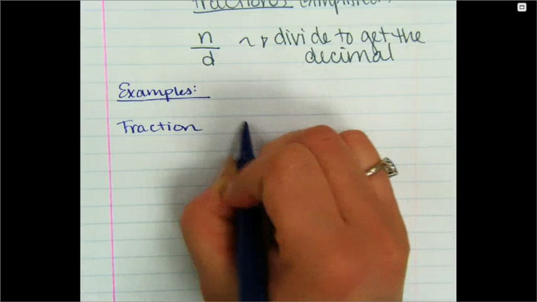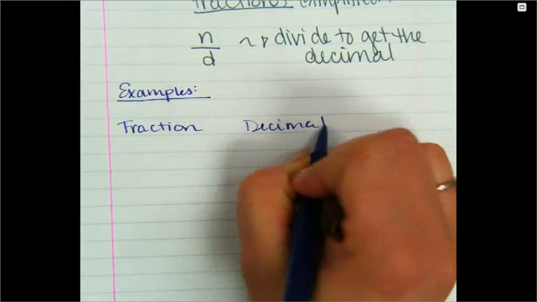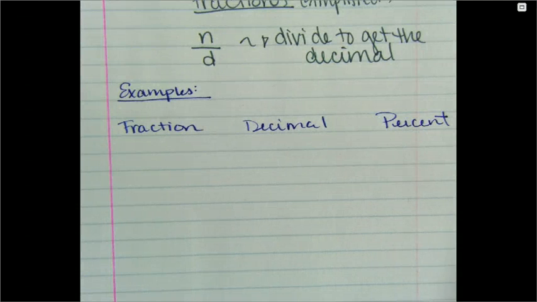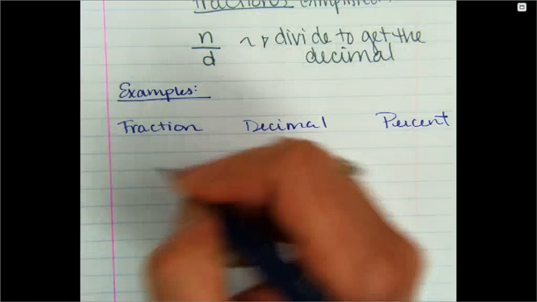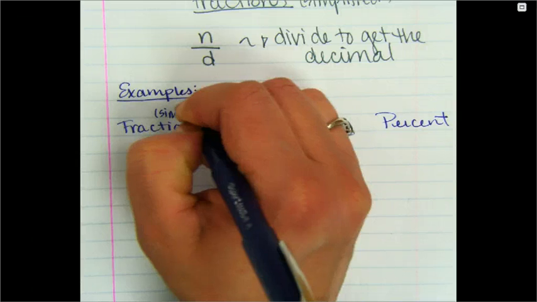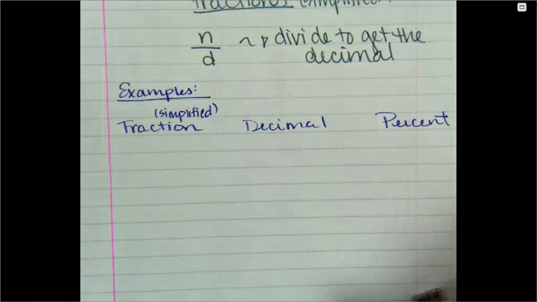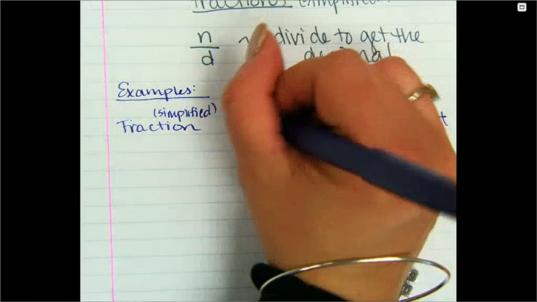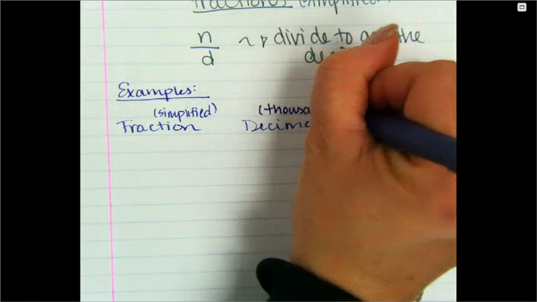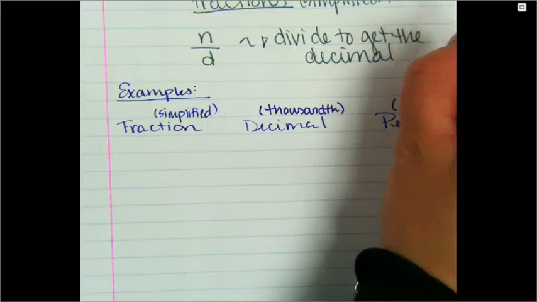Our second column is going to say decimal. And the last column is going to say percent. Now the fraction, remember, is always what? It's always simplified. Your decimal in this example is going to be to the thousandth. And my percent is going to be to the tenth.